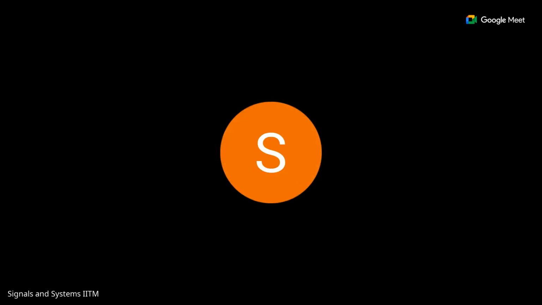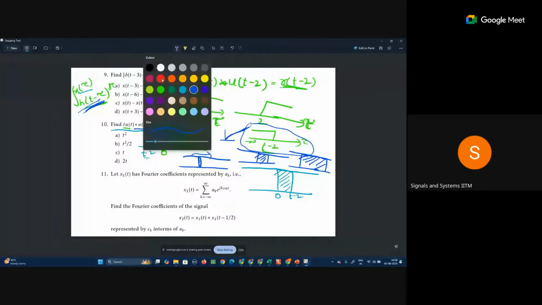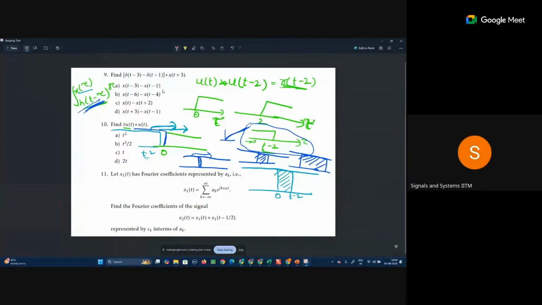Ma'am, screen is not visible. May I? One second. Now is it visible? Yes, ma'am, visible. Till here it is clear, no? Yes, ma'am. We shift it, right?